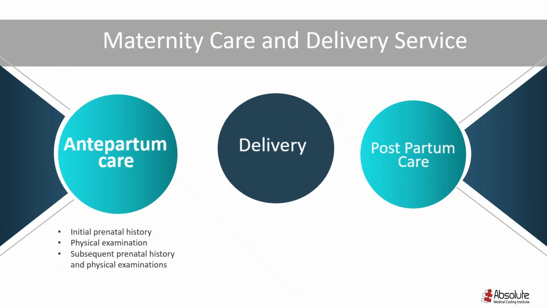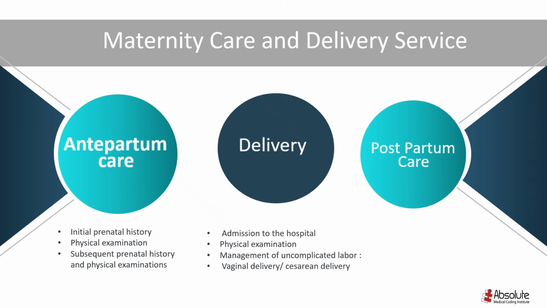Now, the delivery services include the care provided to the patient during the hospital admission for the childbirth. So, during the delivery, a lot of complications may arise, and the coding should reflect them accurately. So, the medical complications of the pregnancy, such as diabetes, hypertension, cardiac problem, or even the preterm labor, can be reported separately.